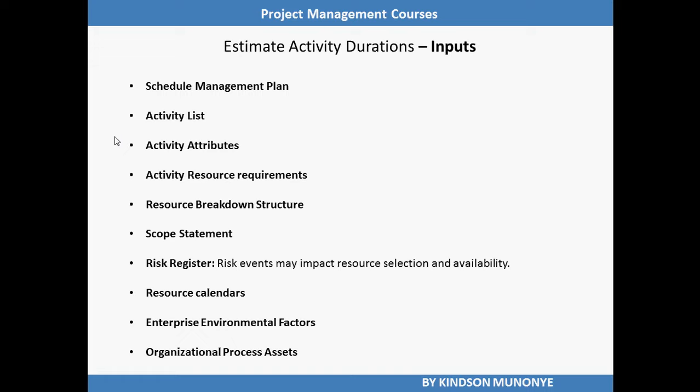For example, if additional or lower skilled resources are assigned to an activity, there may be reduced efficiency or productivity due to increased communication, training, and coordination needs, leading to a longer duration estimate.